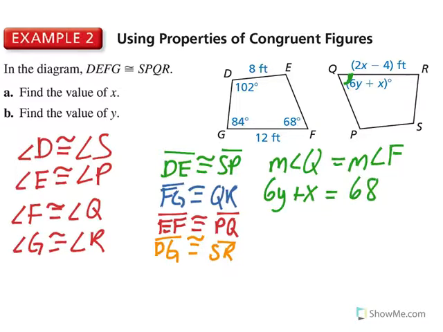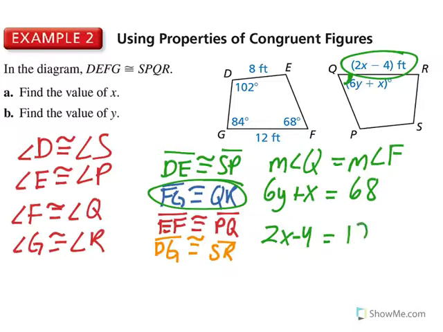But here I have two variables, and I can't solve when I have two variables. So let's look at what else we have. We also have this side length here that has an x in it. So QR, when I look at QR, I find that QR is congruent with FG. So if I just substitute those in, I would have 2x minus 4 is equal to the length of FG, which is 12.